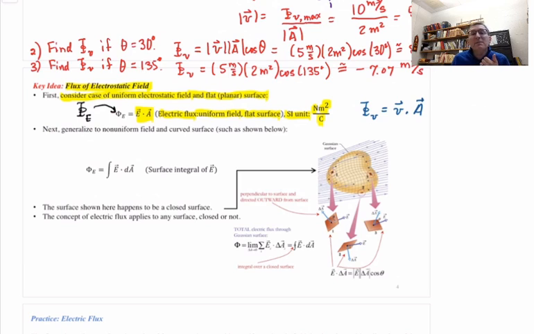The vector field has to be uniform, meaning it's the same vector value at every point in space where the surface is, and the surface has to be flat, planar. We need to generalize that. We need to allow for a surface that is curved and for a vector field that is different at different points in space.